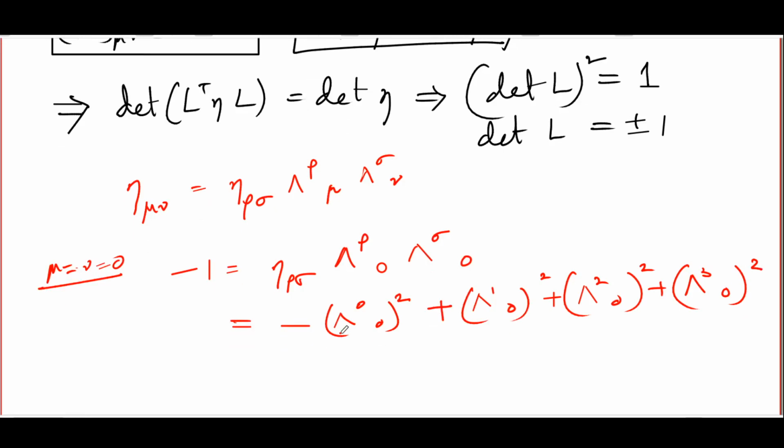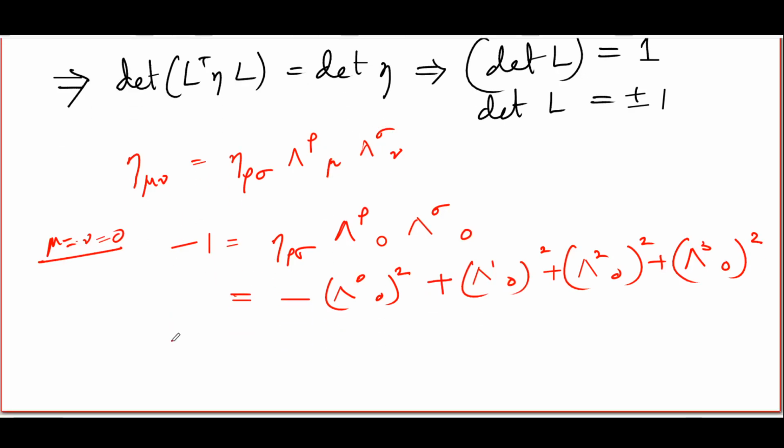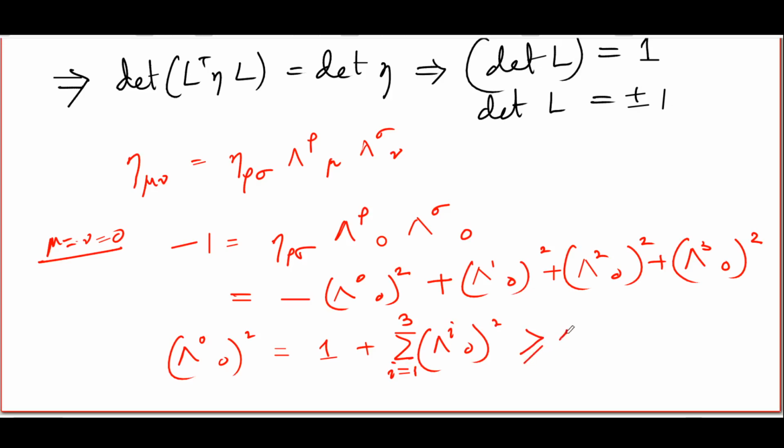This whole thing is equal to minus 1, which means lambda 0, 0 whole square, if you take it to the other side, you get 1 plus sum over i going from 1 to 3 of lambda i 0 whole square, which means that this has to be bigger than or equal to 1. So an immediate consequence is lambda 0, 0, this coefficient, either has to be greater than or equal to plus 1 or less than or equal to minus 1.